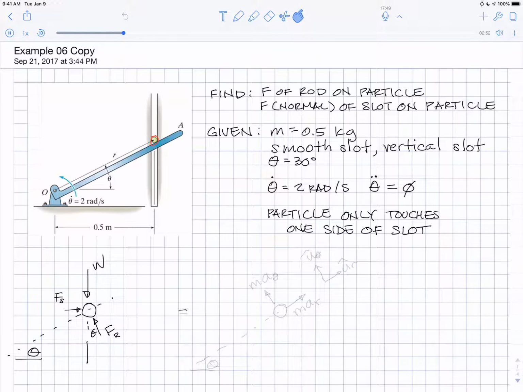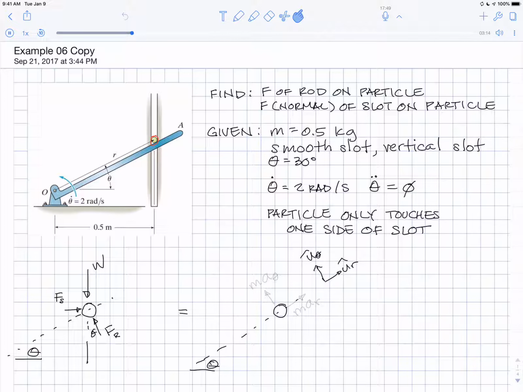And all you do, if you remember, is redraw everything here. And I'm going to draw that dotted line there with the theta. And here you put ma. And so this is to remind you, that's the r direction. That's the theta direction or transverse direction.